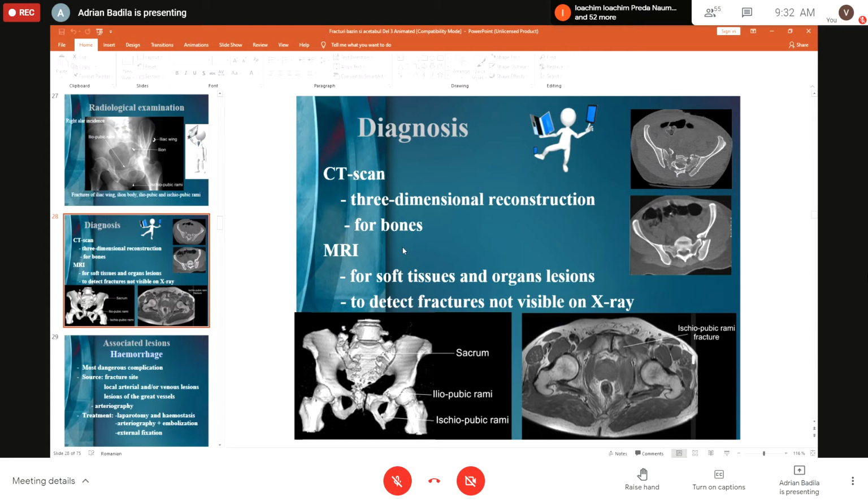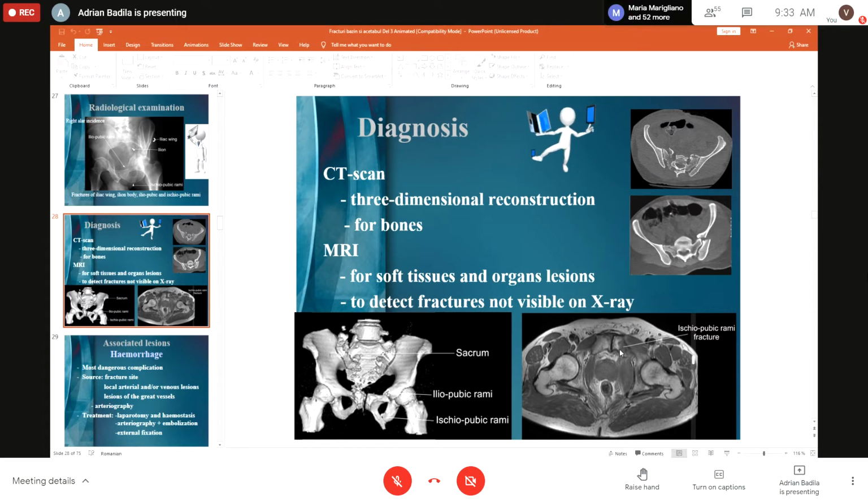The MRI is very useful in order to detect lesions of the soft tissues and of the organs, but it can provide us also informations about some fractures which are not visible on X-ray. And here we have an example.